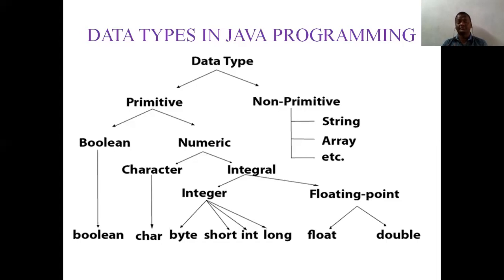That's absolutely wrong. Numbers are also characters. Capital letters are also characters, small letters are also characters, special symbols are also characters. Whatever key is available on the keyboard of your computer, each and everything is a character.